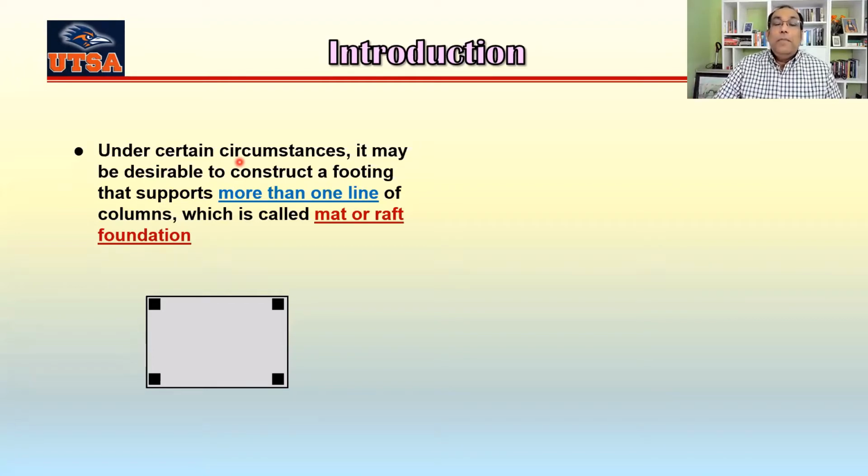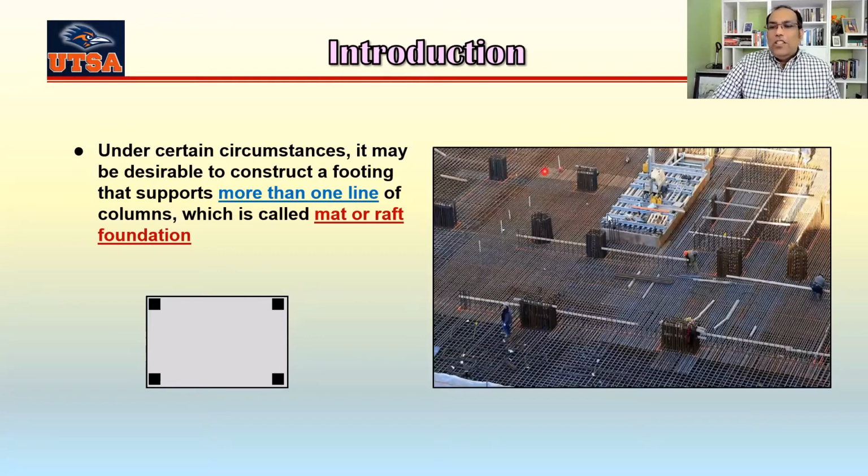In many cases, the mat could be for the entire slab, the entire foundation, or it could be for some part of the foundation. So this is the picture of a mat foundation. You can see this is the slab at the bottom, and then these are the columns here. So there are more than one line here. So this is a mat or raft foundation.